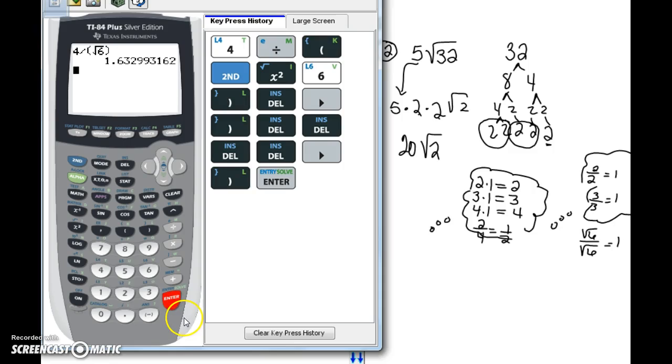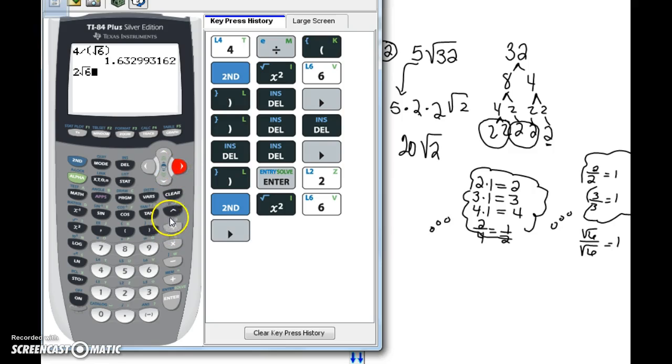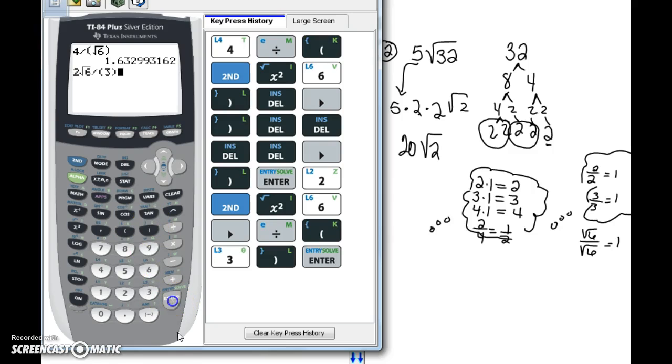So if I hit enter, all right, it should be equivalent to what we got, 2 square root 6 divided by 3. And then we put that denominator in. And see, we get the same digits. So they're equivalent, they just look different. They have the same value.